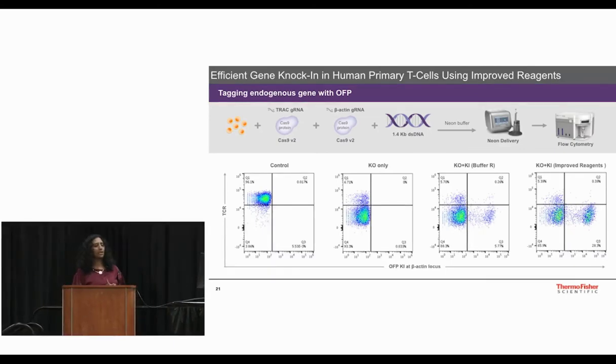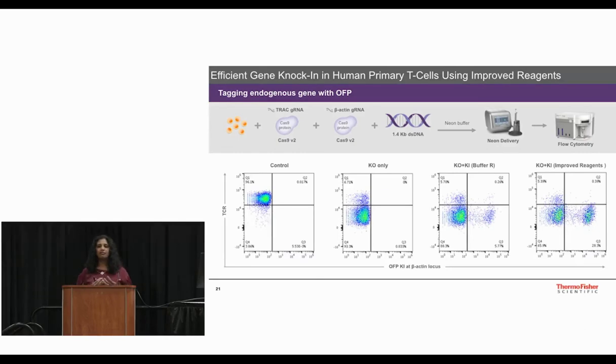And what you see in the rightmost graph, flow cytometry data, is that by using this delivery buffer called R buffer with a small molecule in there, that is boosting the editing efficiency from 5% to close to 20% knock-in efficiency. So we are able to increase by several folds the knock-in efficiency.